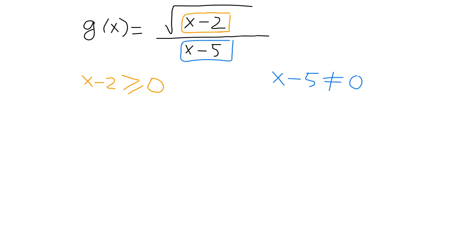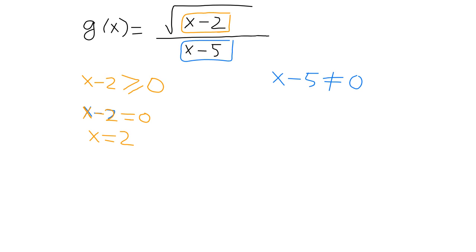For the denominator, it has to be non-zero. Solve this, then combine. How to solve this one? X minus 2 equals 0. X equals 2.